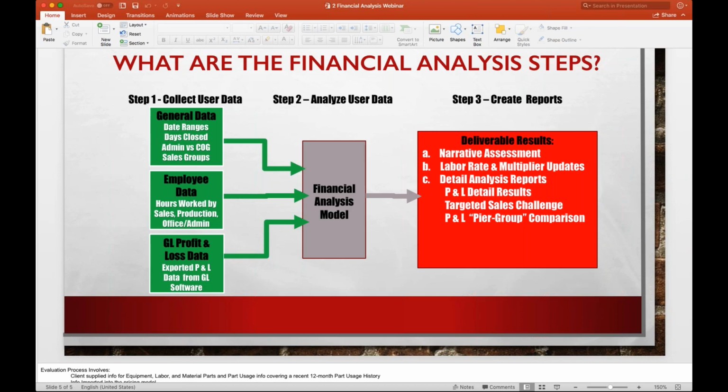And then the results of that, after some interaction with the client, there'll be a narrative assessment report created, and it's more of a set of recommendations for what you might need to consider doing as you prepare an annual operating plan. Areas that you need to focus on, areas that you might need to make some improvements on.